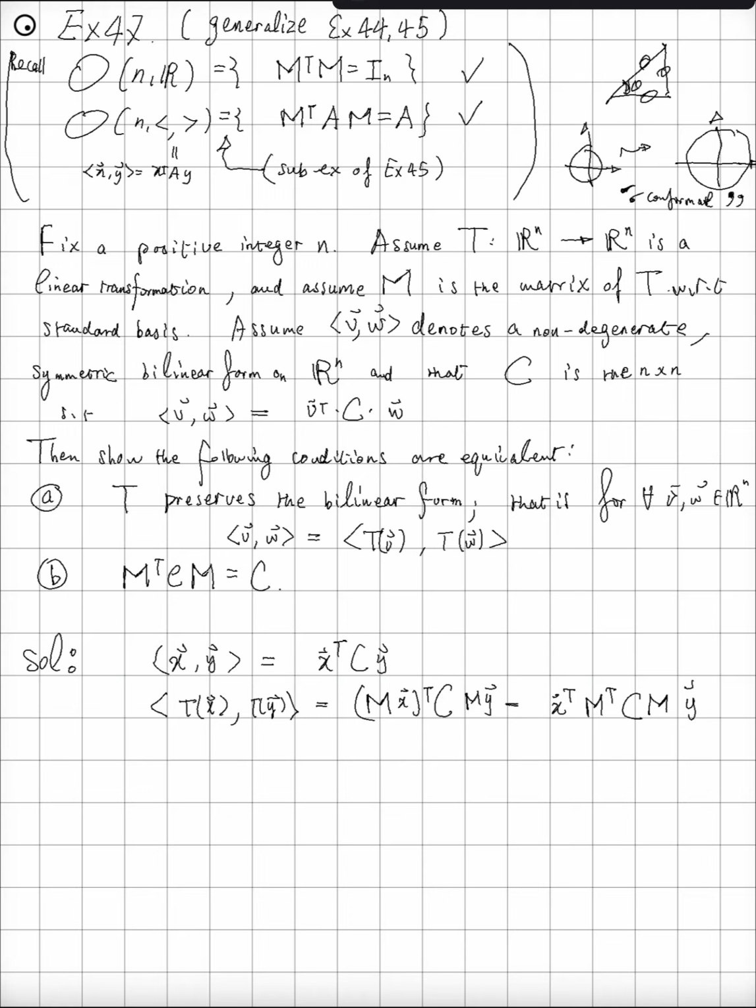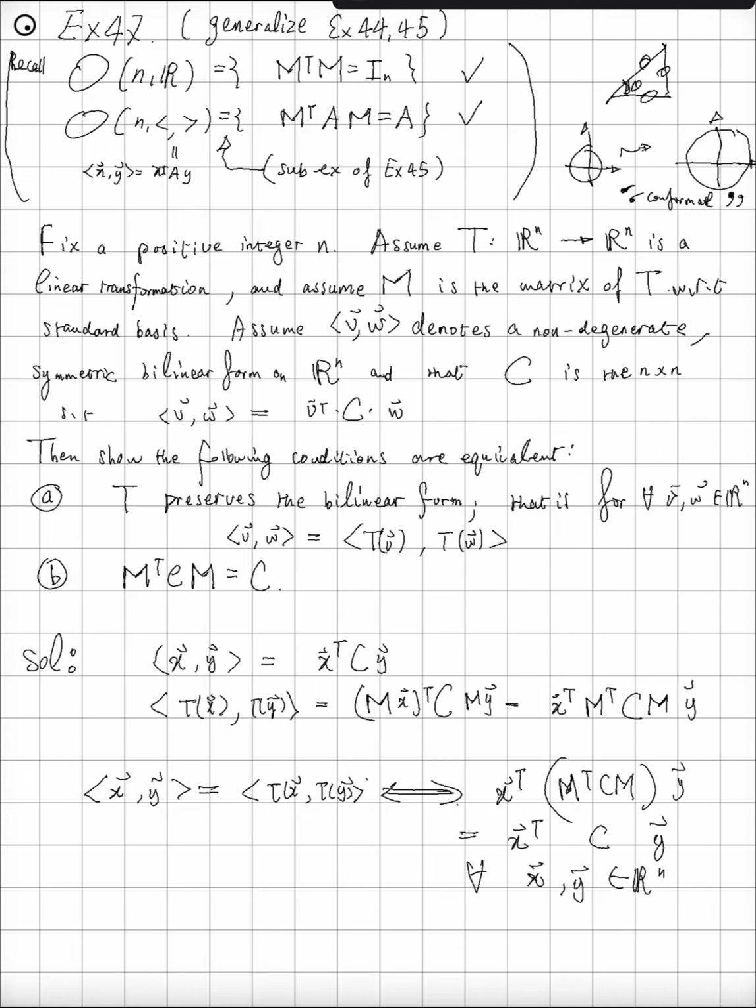So this bilinear form preserving is equivalent to X^T M^T C M Y equals X^T C Y for whatever X and Y in R^n.